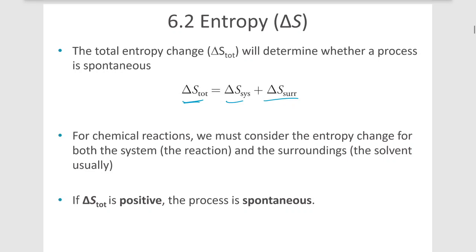But even if the entropy for the system is negative and the surroundings is positive, as long as the surroundings are gaining more entropy than the system, then you're going to have a positive entropy.